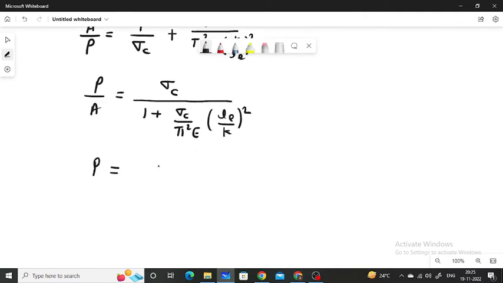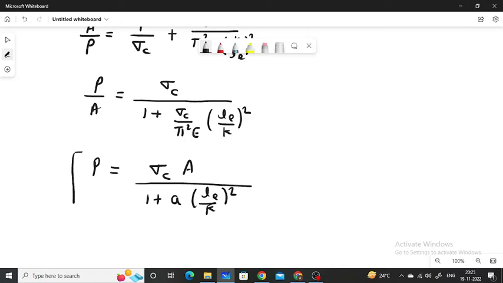So P is equal to sigma C into A upon 1 plus a into Le by K whole square, where a is equal to sigma C upon pi square E. This equation is known as Rankine equation.